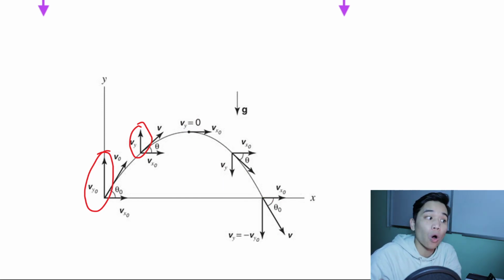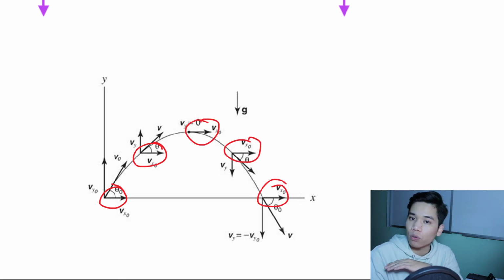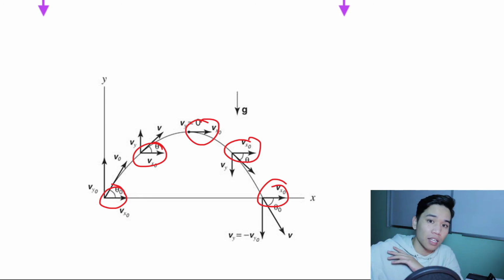Now let's have a look at the horizontal one. Horizontally, we said acceleration was 0. So if there's no acceleration in the horizontal direction, your velocity shouldn't change, and that's exactly what we see. The horizontal component is always the same. If you have a horizontal component of 2 meters per second, it will be 2 meters per second the whole way through.